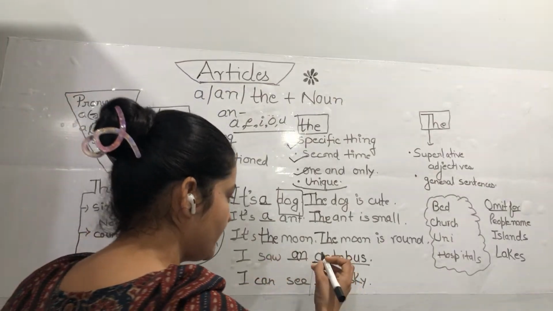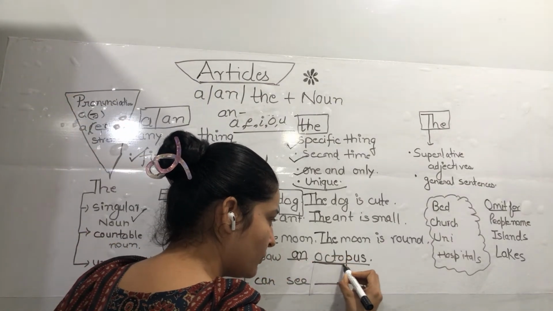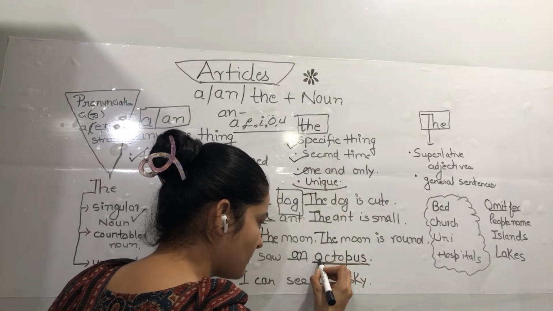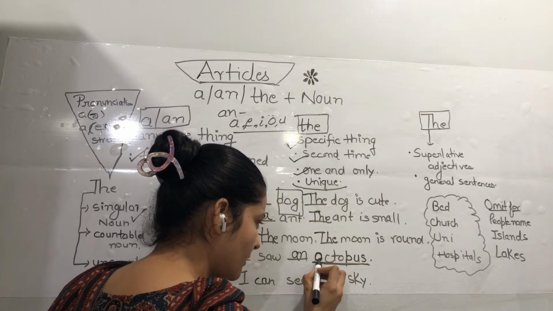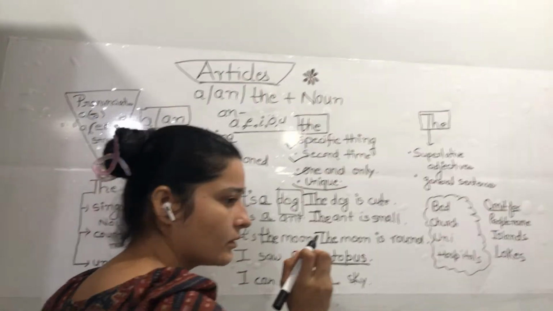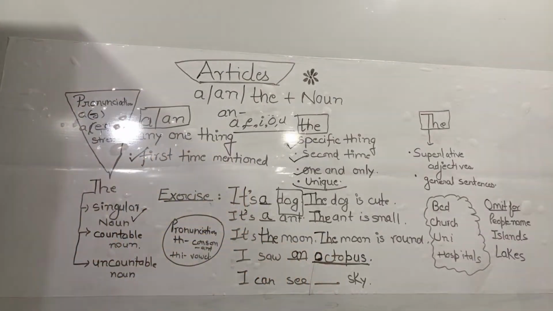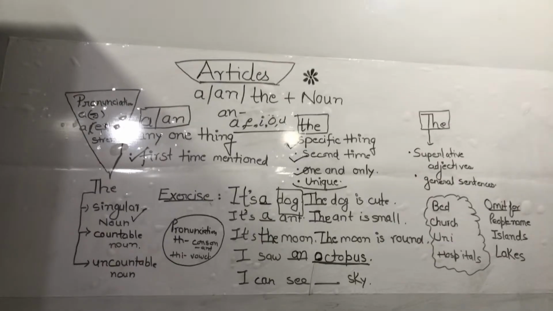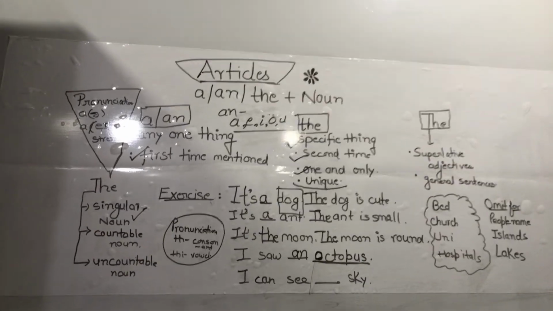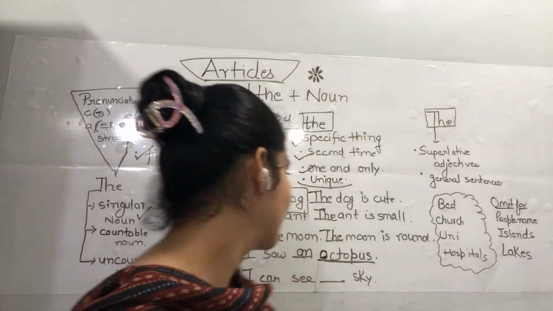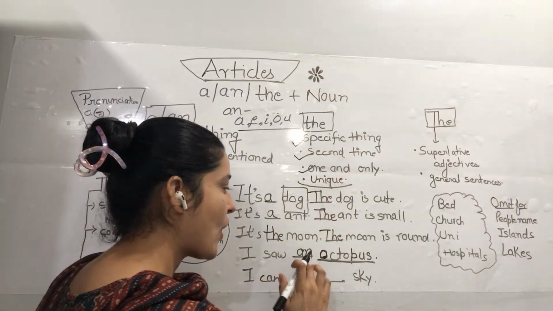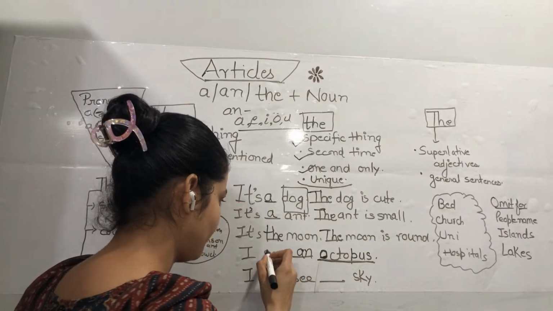Okay. See, this is a noun because it is a name of something. Sorry for the disturbance. Okay, I saw dash octopus.